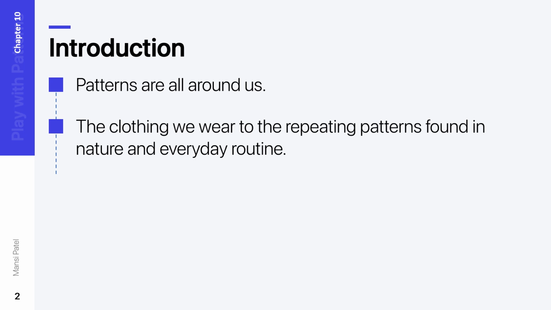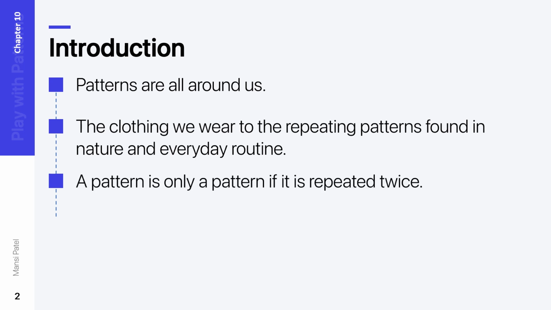So these are all known as patterns. In your everyday routine you can see that there are patterns. So make a list where you can see the different types of patterns.